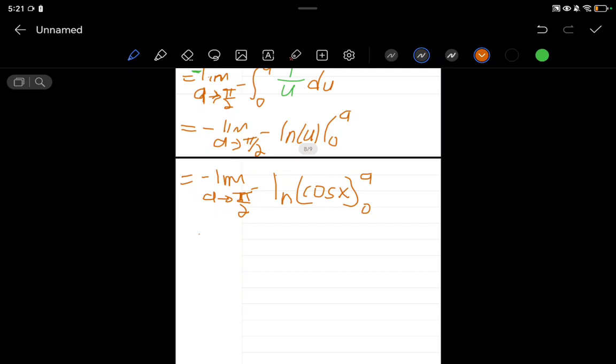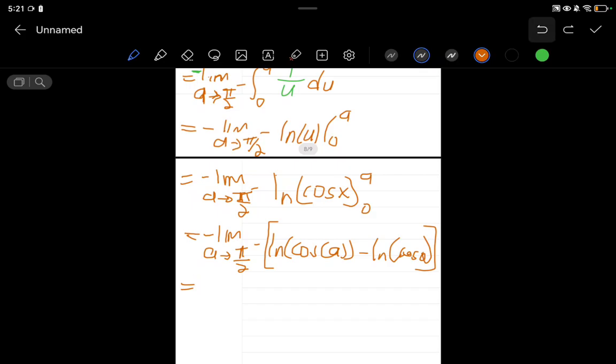Then I'll plug back now. We'll have the ln of cos of a minus the ln of cos of 0. Then this will be equal to minus the limit as a approaches pi over 2 from the left of ln of cos of a, and ln of 1 is 0, right?